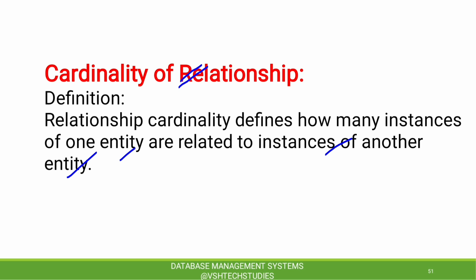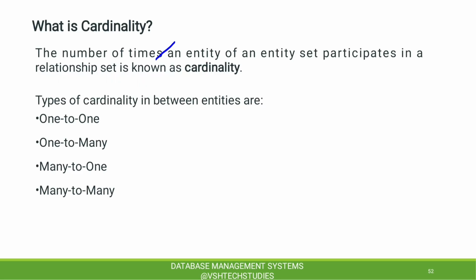The number of times an entity of an entity set participates in a relationship is called cardinality. There are different types of cardinality between entities as far as relationship is concerned. They are one to one, one to many, many to one, many to many.